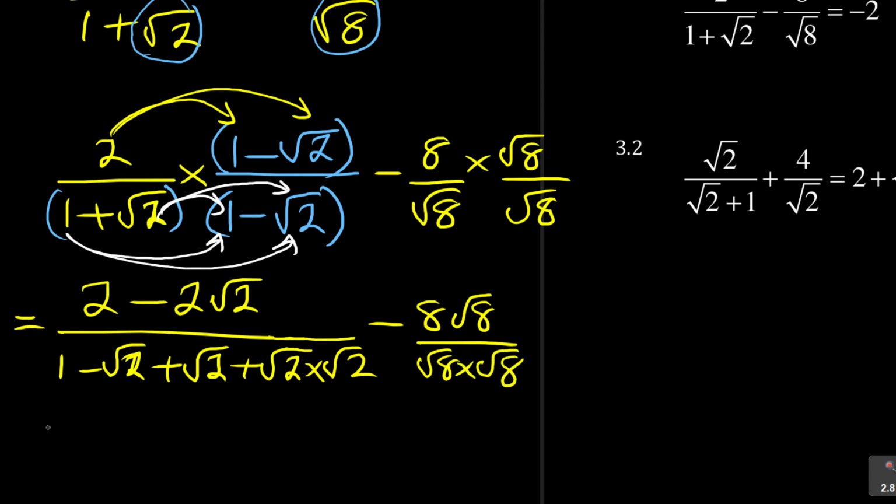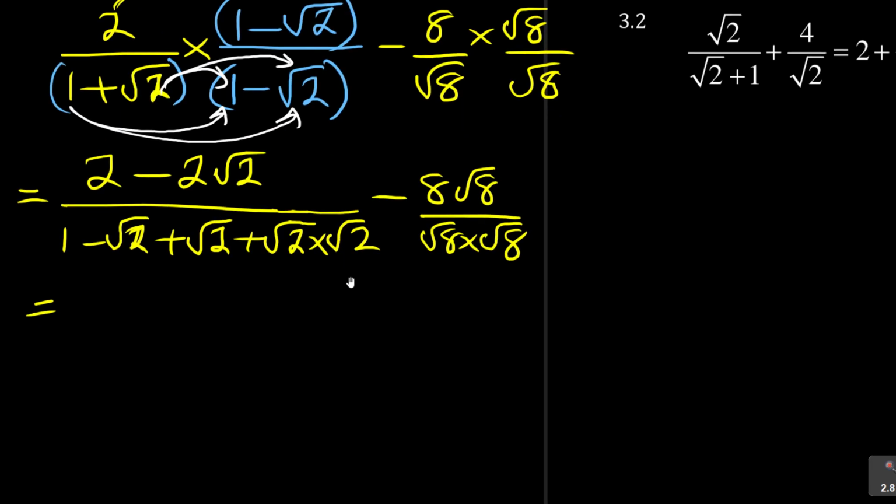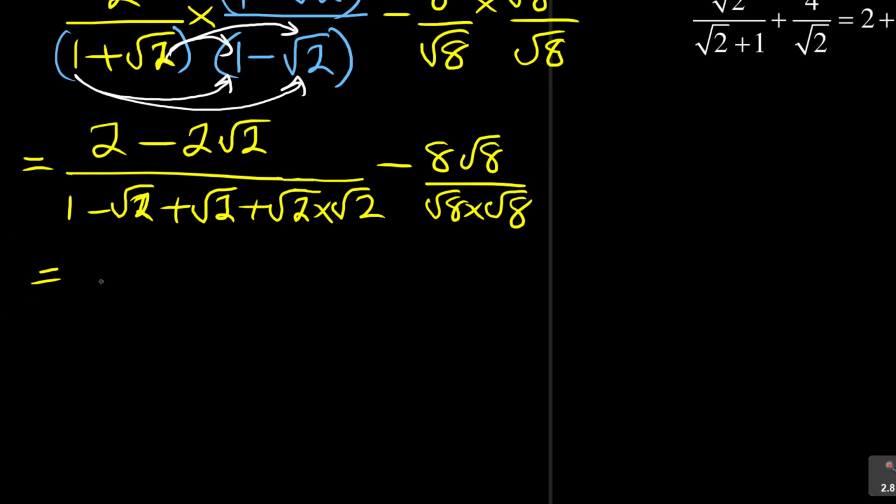I'm just making it a bit longer here, but it was not necessary for me to do this. Now on top of that, it will be 2 minus 2 root 2, all over. Now you see what I was talking about, minus root 2 plus root 2. This goes, that's the 2 that are going.